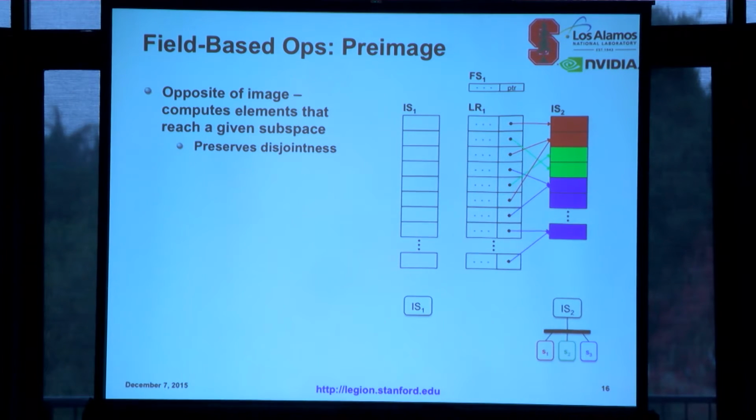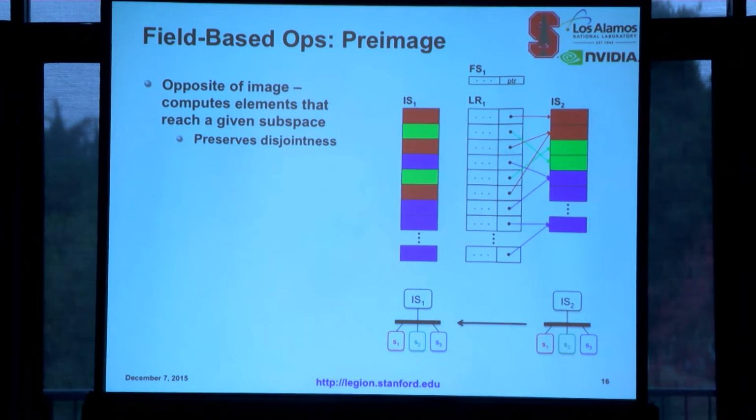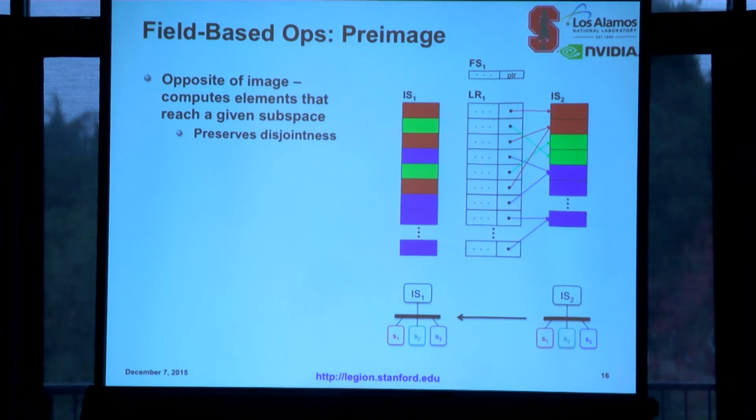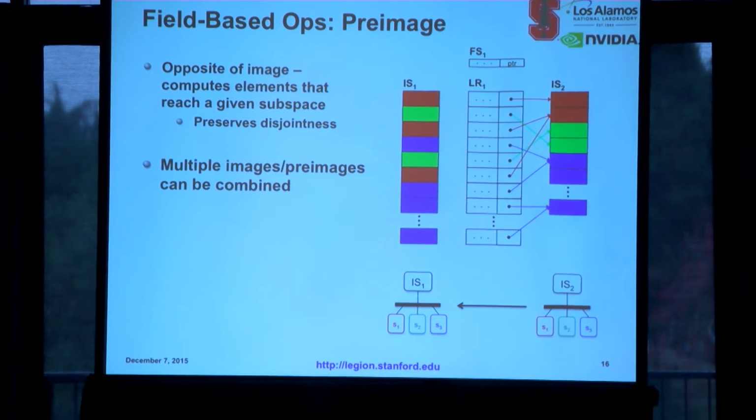And I'm going to propagate the colors backwards to compute a partition of IS1 based on IS2. And so the idea here is that images and pre-images are the standard way to capture the reachability that you need in irregular computations, and that you can combine multiple images and pre-images to capture much more complicated task access patterns.